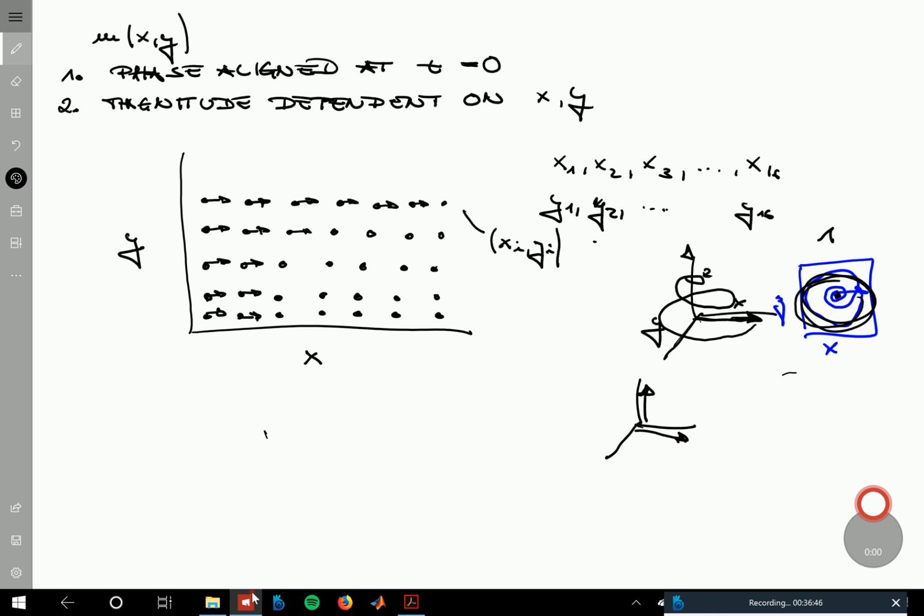So there are some arrows which have a longer magnitude, so let's say drawing some of longer magnitude in here, they would look like this. And then there are some that are relatively short.